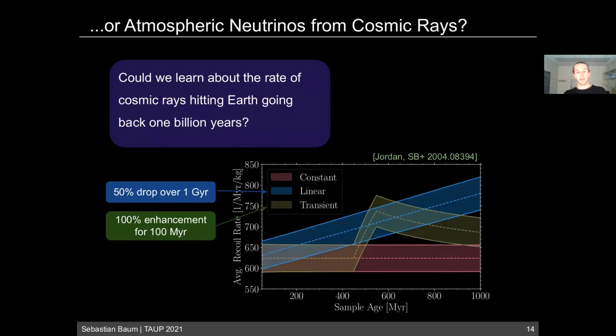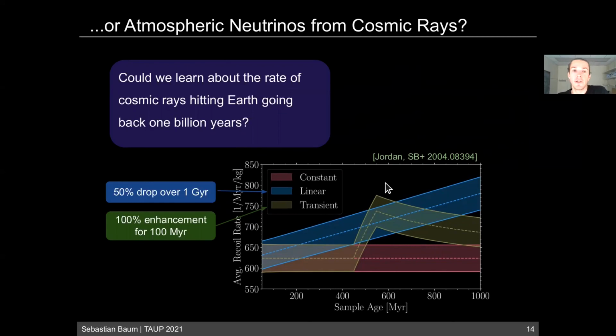Imagine you don't just look at one rock, but you look at a collection of rocks. One of them has been integrating for 100 mega years. The next one is 200 mega years old, etc. And now imagine you measure the integrated rate of whatever you're looking for in each of these. Now you can, of course, do a numerical derivative and ask, how does the rate change over this time span of however old your oldest rock is?